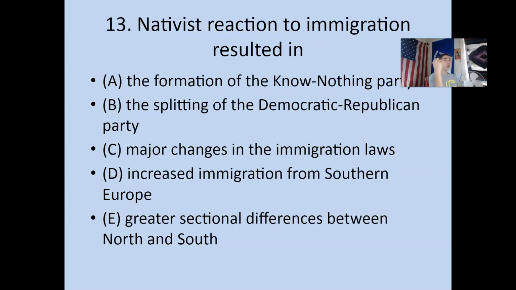Number 13. Nativist reaction to immigration resulted in: A. The formation of the Know Nothing Party, B. The splitting of the Democratic Republican Party, C. Major changes in the immigration law, D. Increased immigration from Southern Europe, or E. Greater sectional differences between North and South.